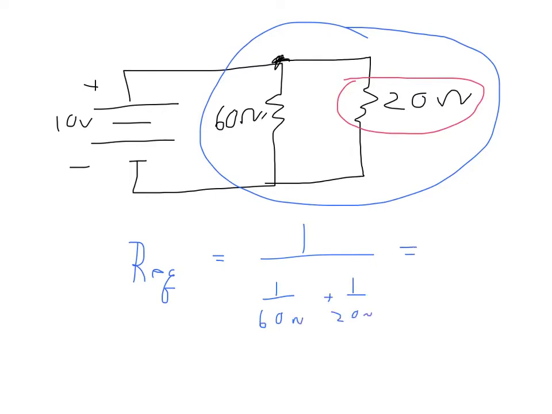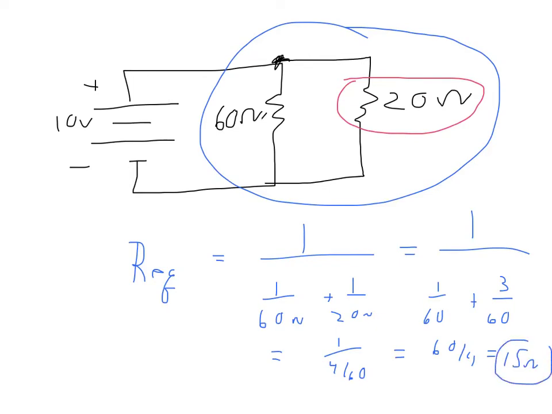If I do the math here, I get 1 over 60 plus 3 over 60, which is equal to 1 over 4 over 60, which is equal to 60 over 4, which is equal to 15 ohms. Alright, so that's the actual parallel equivalent resistance right there. I found one of the things I'm looking for.